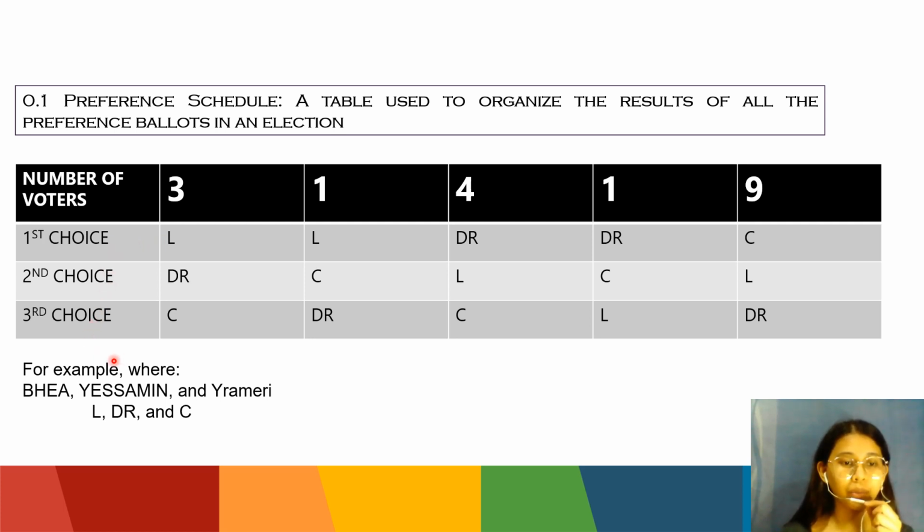For example, Bea, Yasamin, and Mary have the same choices on their first, second, and third choice. That is why three of them are the same. And just like with the others, we need to find who has the same votes for the election.